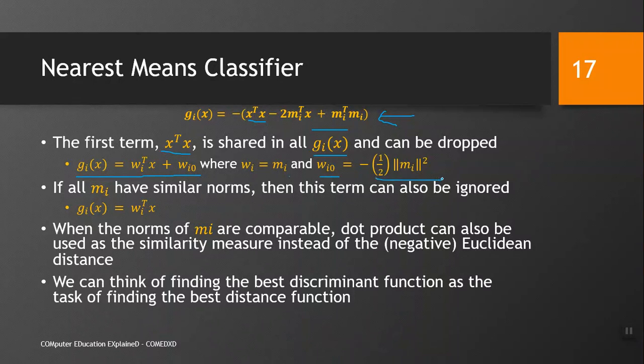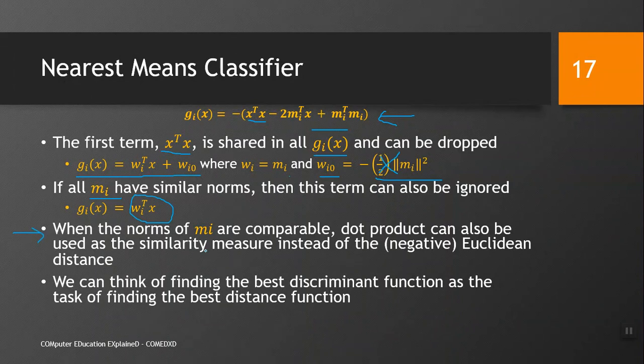So we have made another simplification. If all class means have similar norms, then this term can also be ignored. We can ignore wi0 as well, so we are only left with this term.